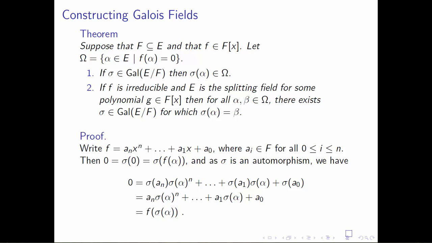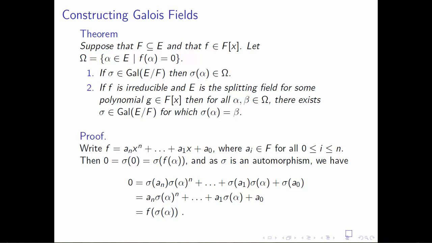So we get that 0, which is sigma of f of alpha, is equal to sigma of a sub n times sigma of alpha, all raised to the nth power, and so on and so forth, plus sigma of a1 times sigma of alpha, plus sigma of a naught.